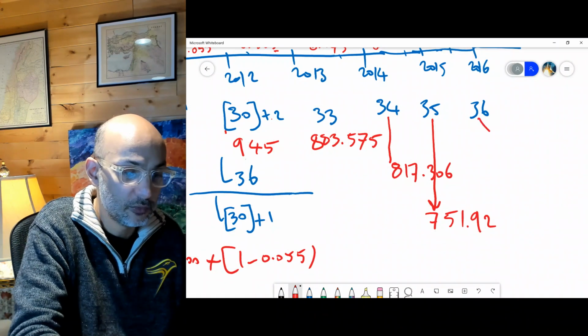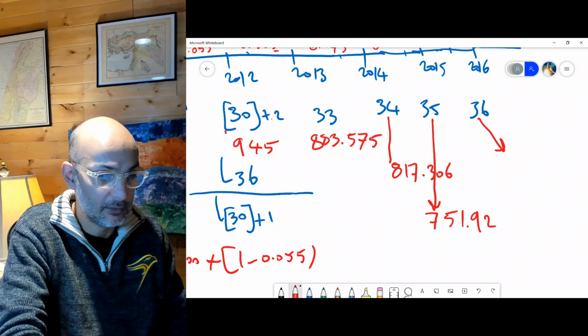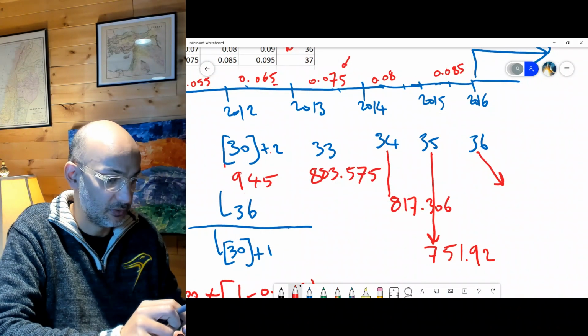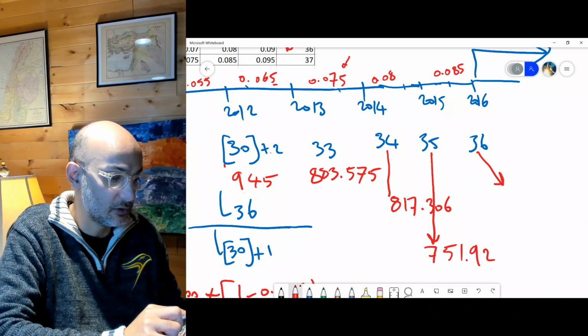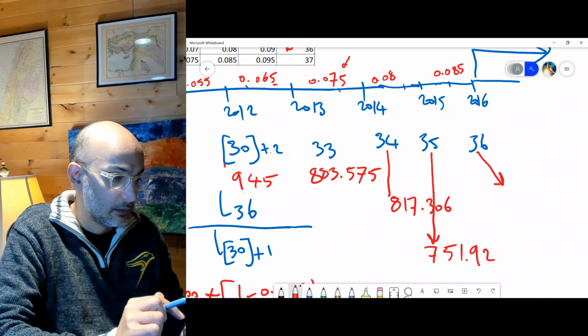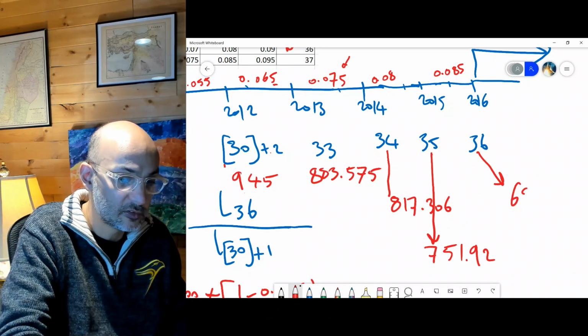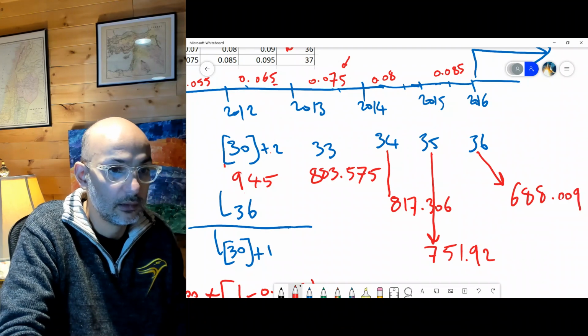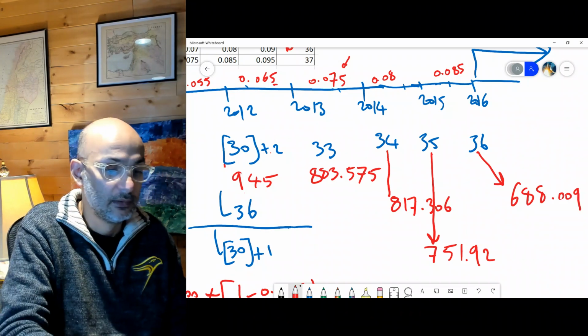Now the last one here is multiplied by the last probability, 8.5%. So multiplied by 1 minus 0.085. The last probability I got 688. This is the last one I got, right?